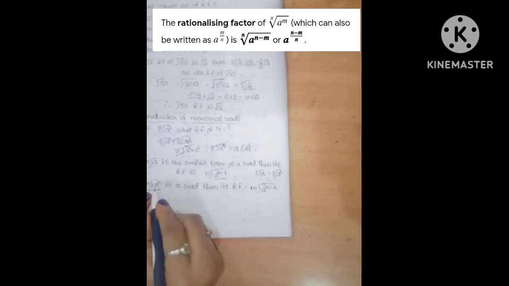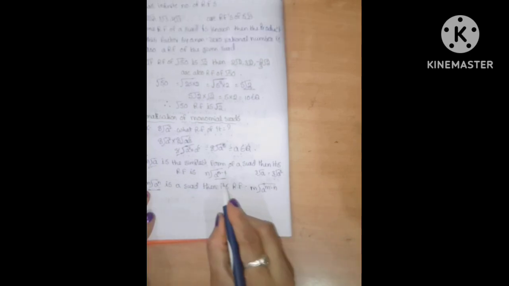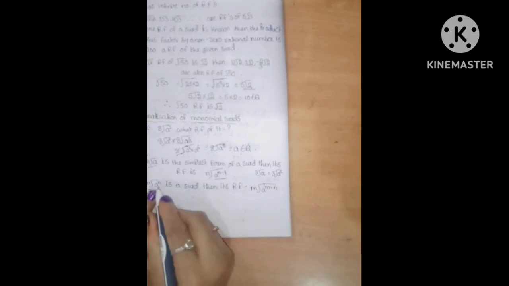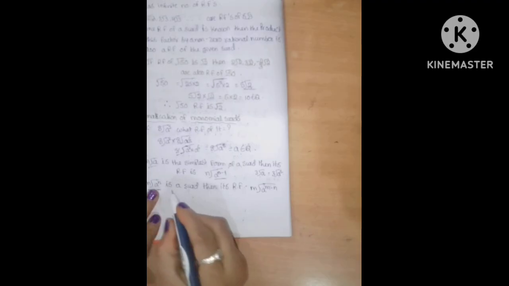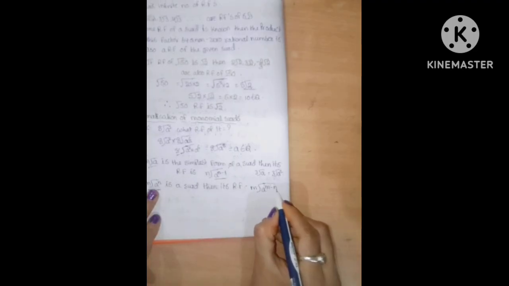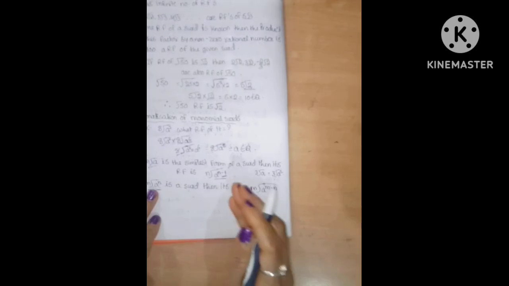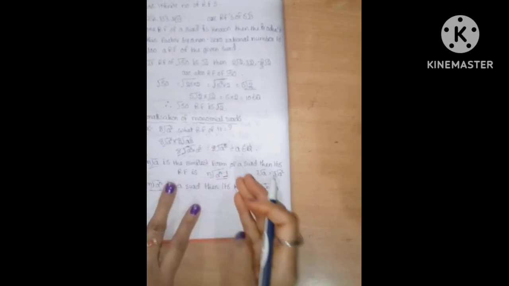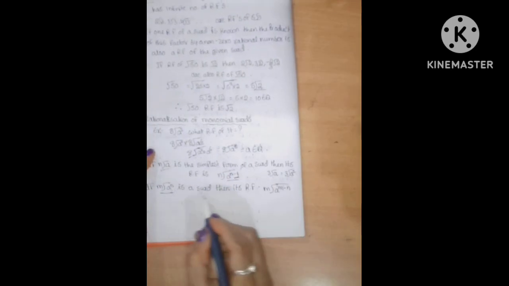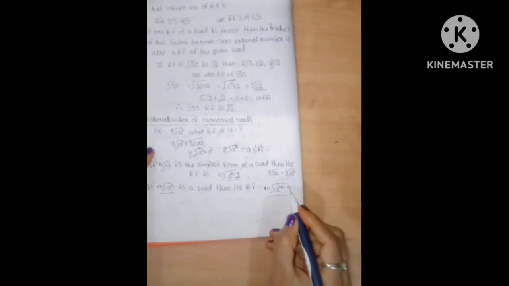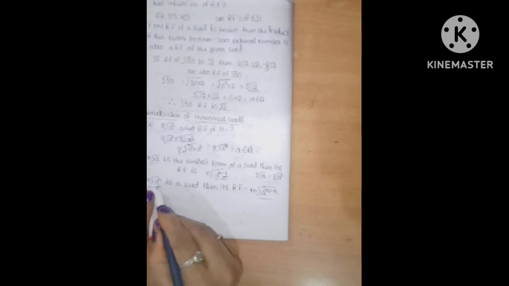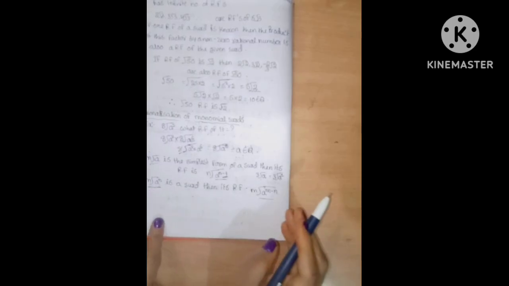Your order is m, and the radicand's power is n, so a to the power of m minus n. Same logic as the previous one. The mth root of a to the power of n has the rationalizing factor mth root of a to the power of m minus n. Vice versa, the mth root of a to the power of m minus n has the rationalizing factor mth root of a to the power of n only.